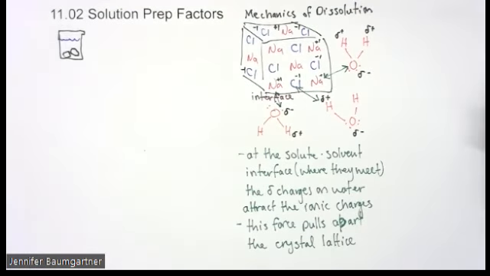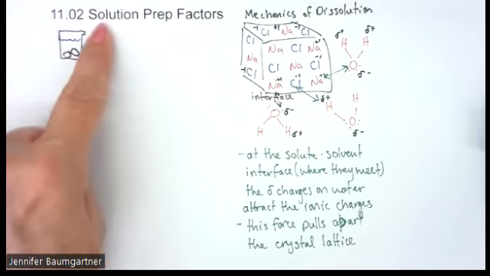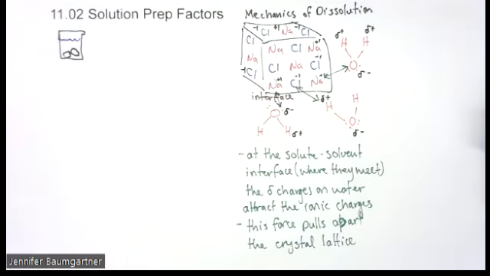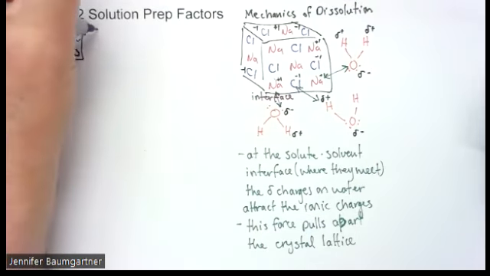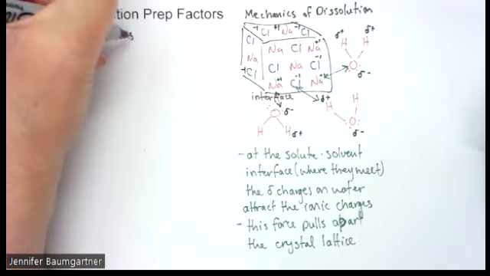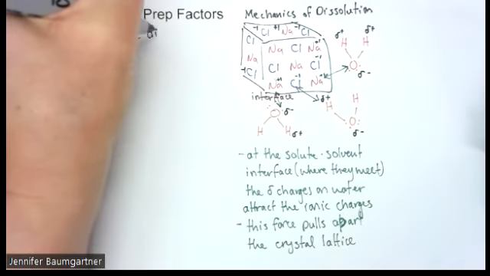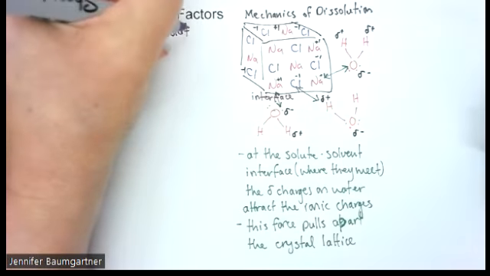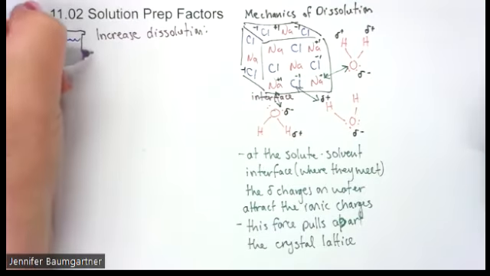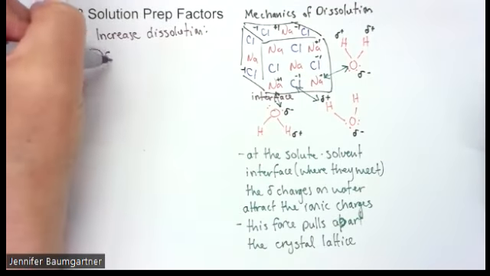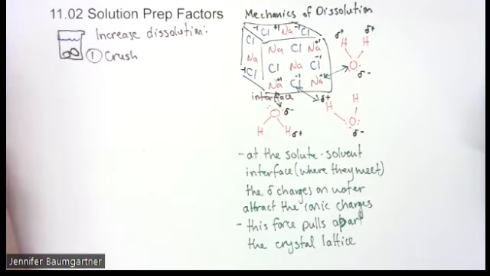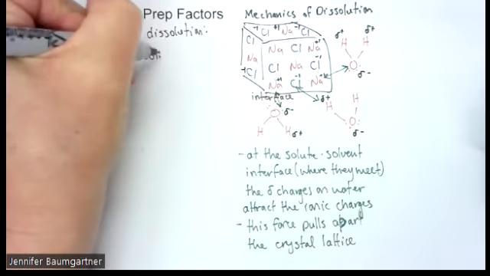So the first thing we can do to increase dissolution. So what we want to do now is talk about how do we increase dissolution. And number one is we can crush our solid.